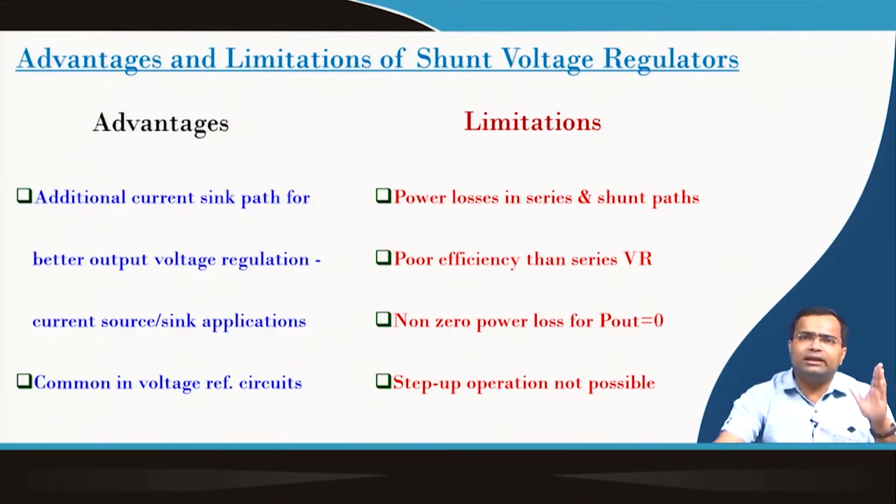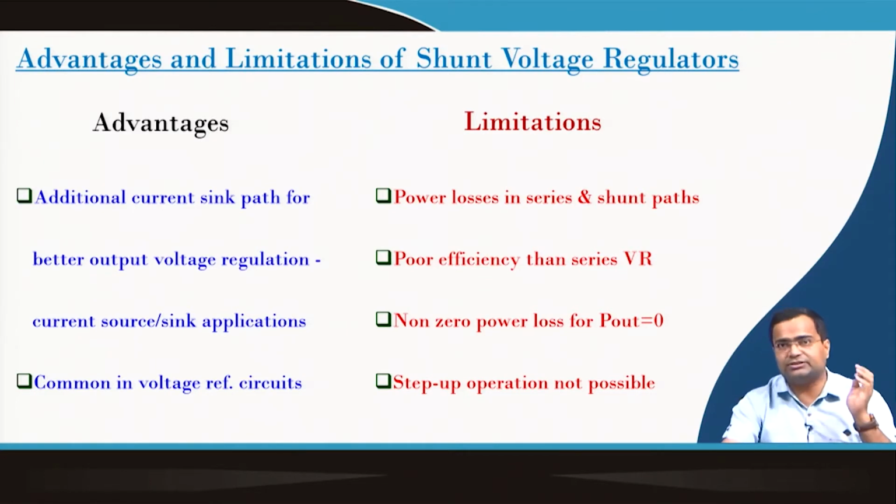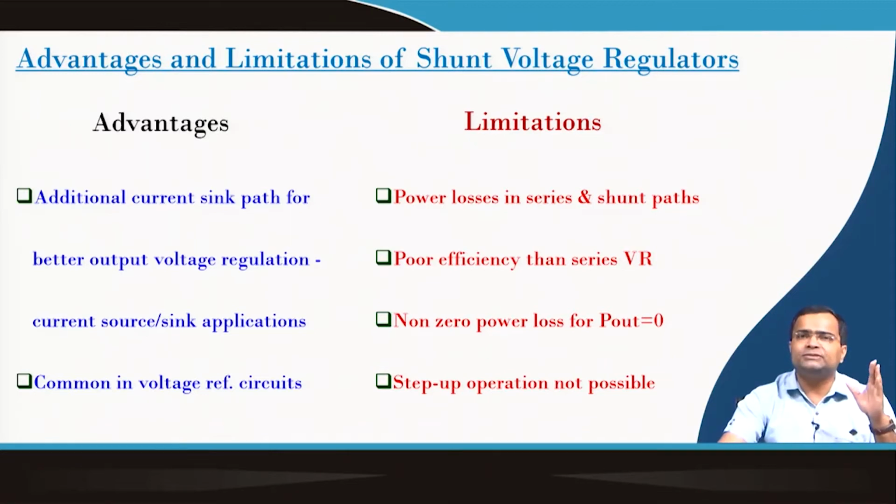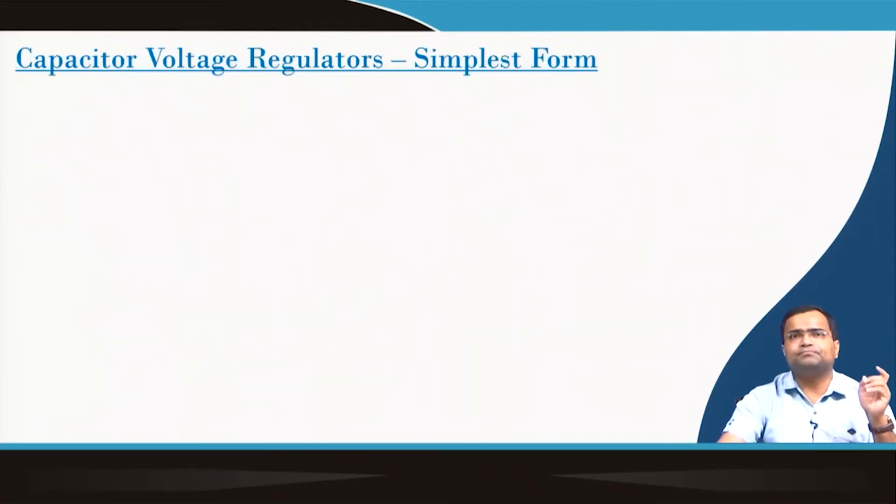Even if the load does not draw any power, due to the current sink path, there can be some additional losses even at zero output power. So, the efficiency is poorer than even the series voltage regulator, and here also we cannot achieve step up voltage conversion.